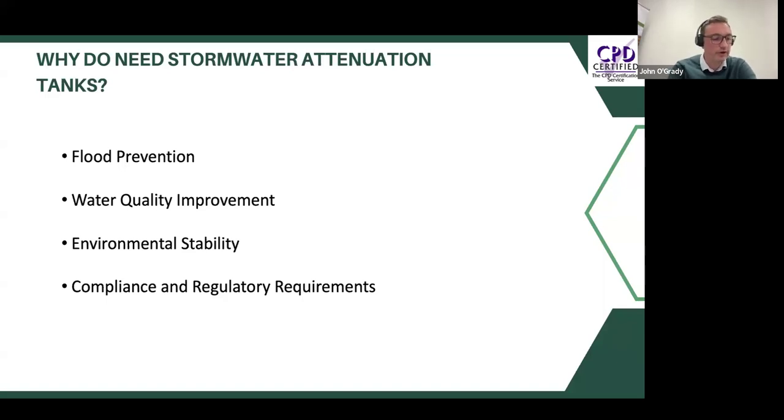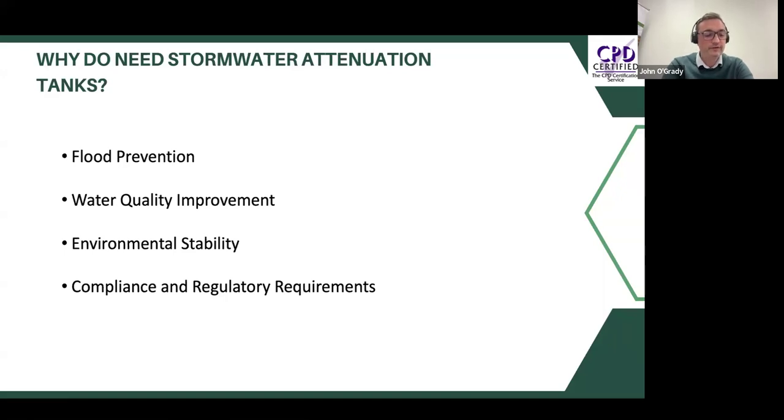In terms of water quality management, attenuation tanks are there to also enhance water quality, because as stormwater flows over urban surfaces, it picks up pollutants like heavy metals, oil, grease, sediments.